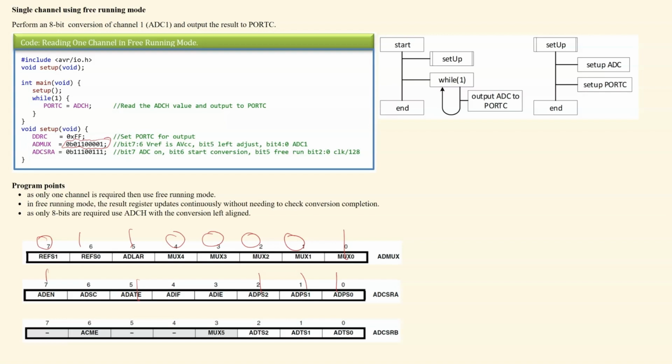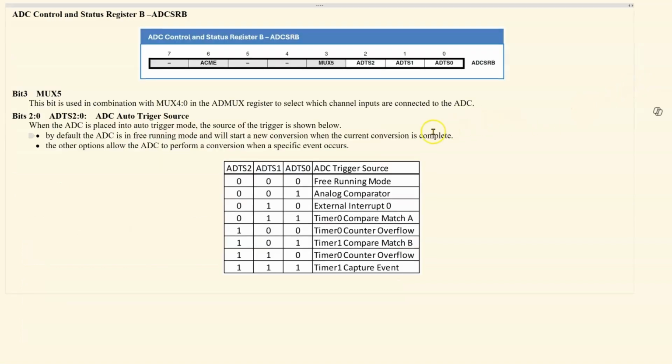We need to start the conversion as well. So we can see that the result will be 1, 1, 1, 0, 0, 1, 1, 1. Now with the ADCSRB, if we look at that register, we can see that by default the system is running in free running mode.